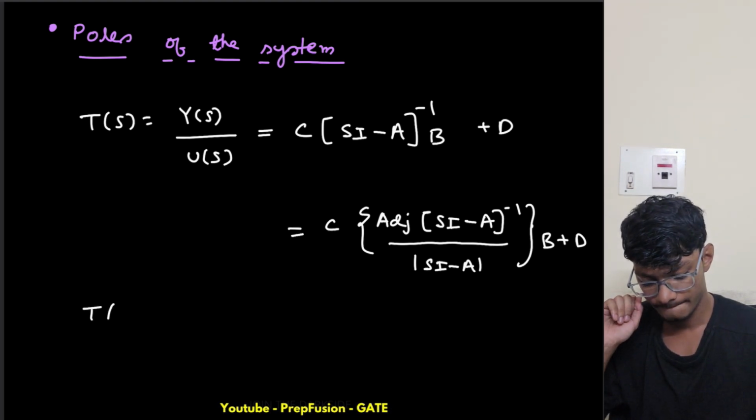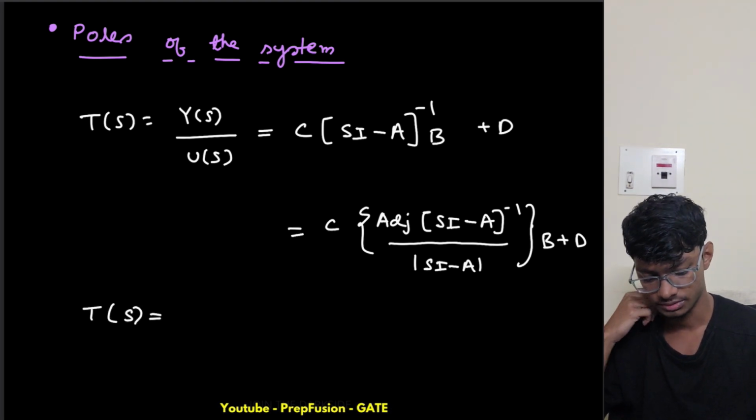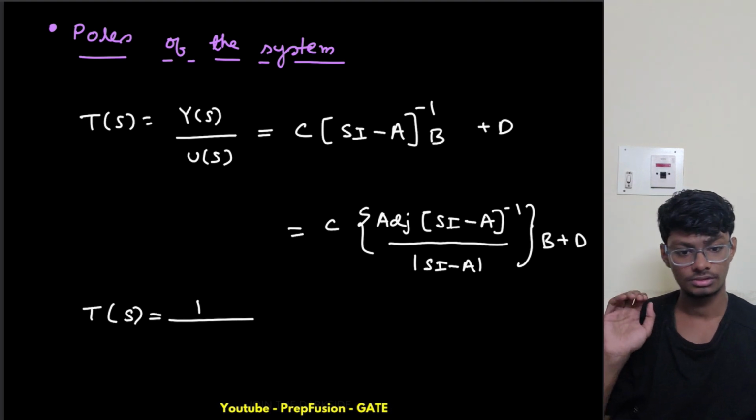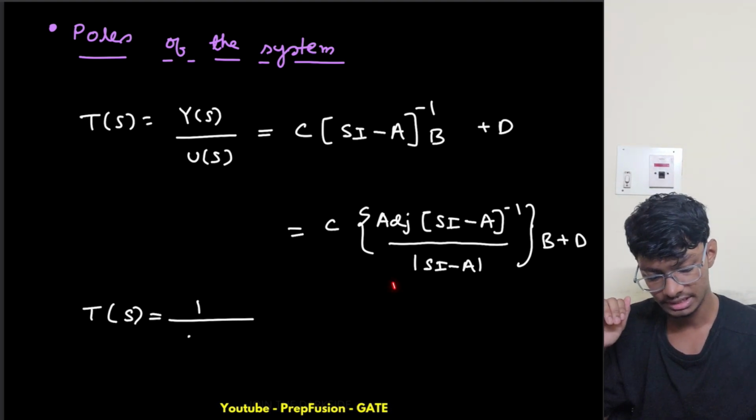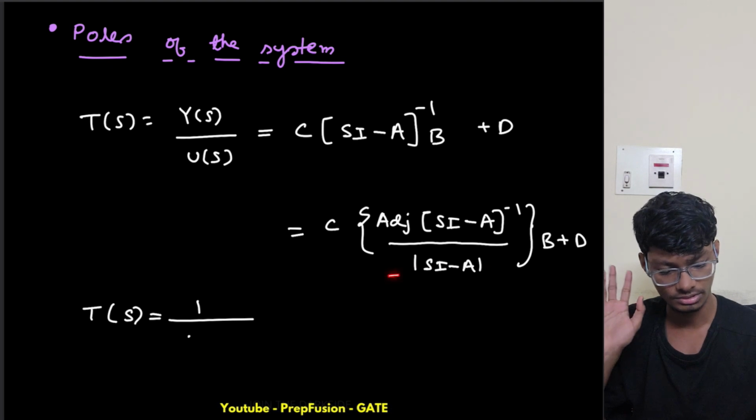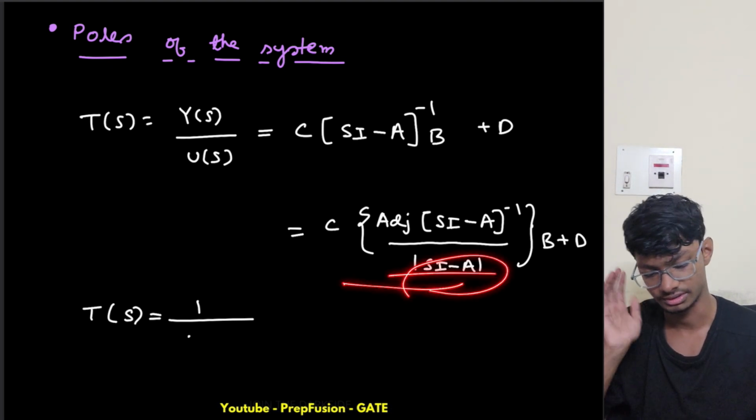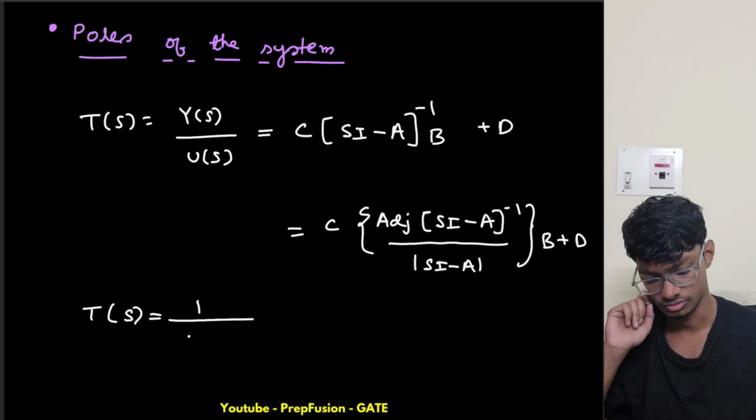Now what is my transfer function? The denominator is just a scalar value. We are not taking the inverse Laplace transform, so I can simply take this outside in terms of s.